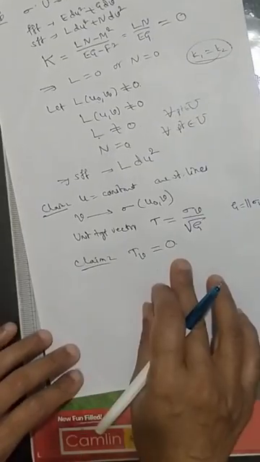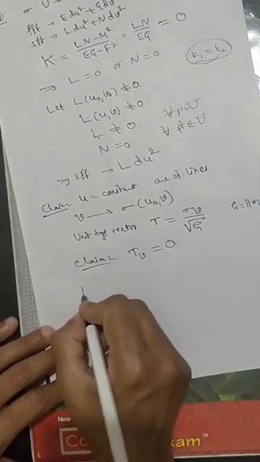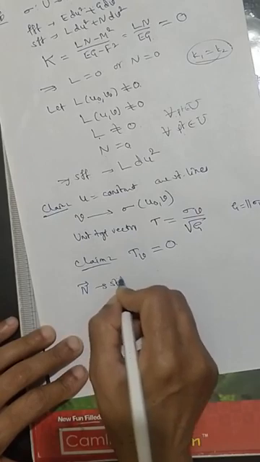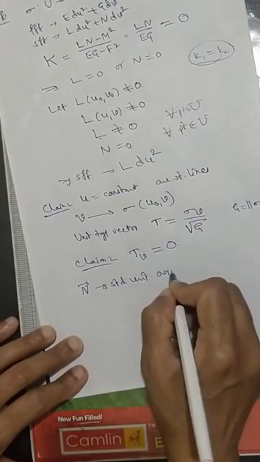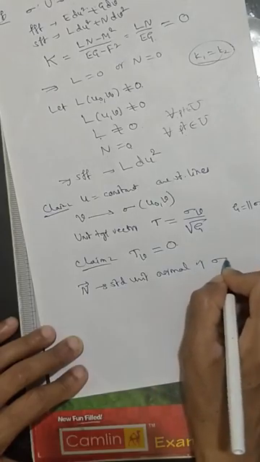Now to show that T_v is equal to 0, let us consider the standard unit normal of sigma. Consider N, the standard unit normal of sigma.